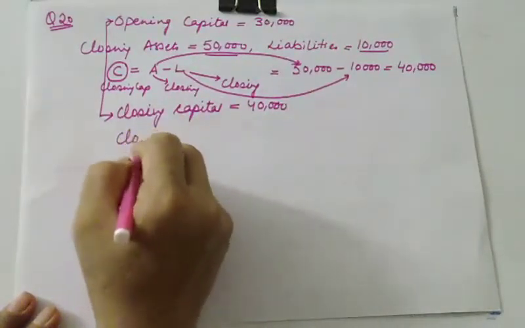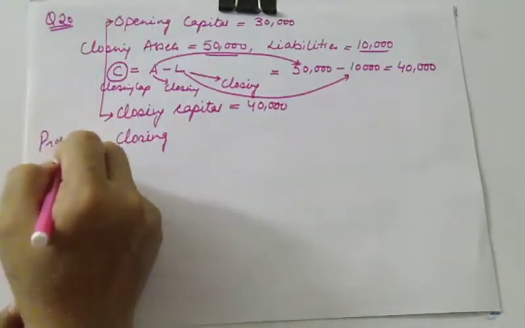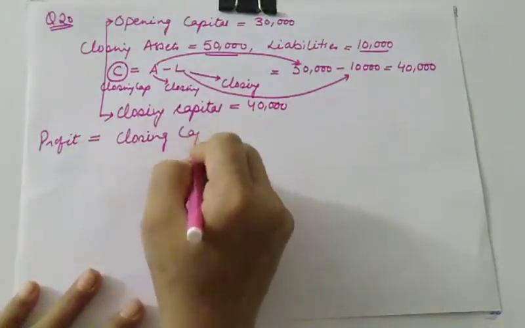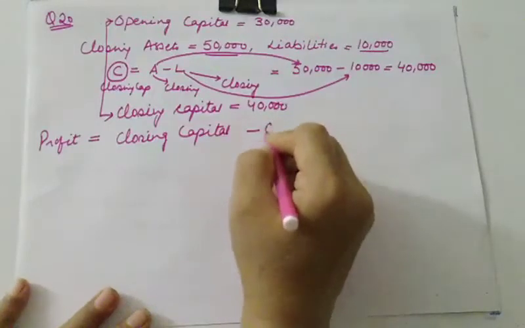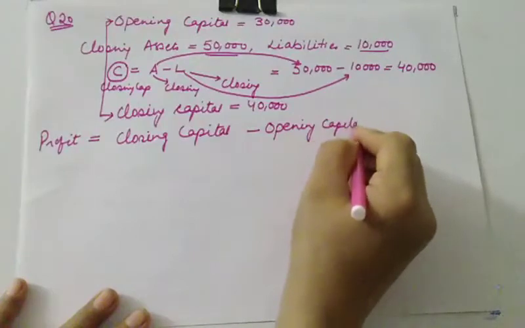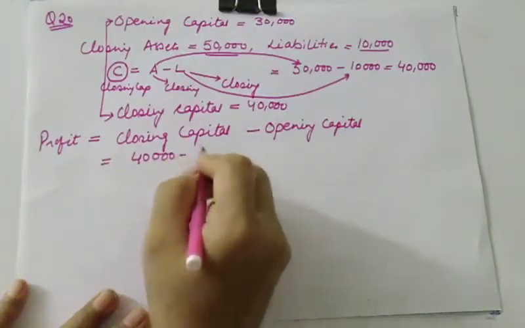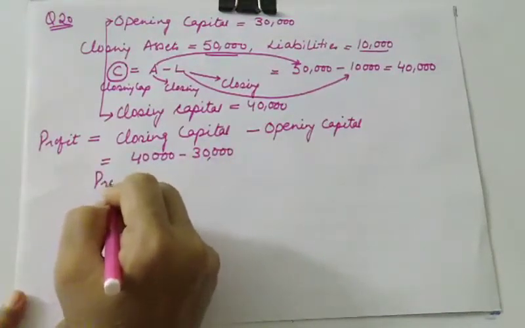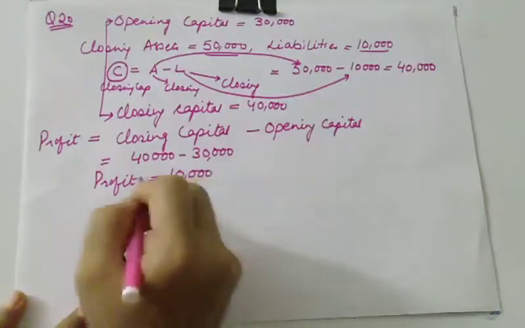So if you write this way, profit is equal to closing capital minus opening capital. So it will be 40,000 minus 30,000. So your profit will be equal to 10,000. So this is the answer.